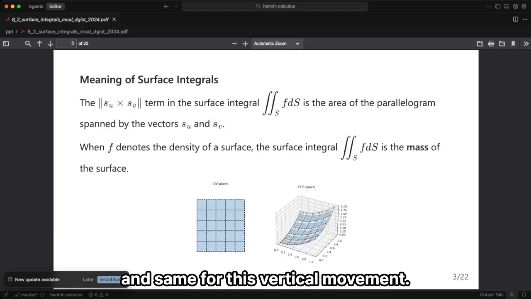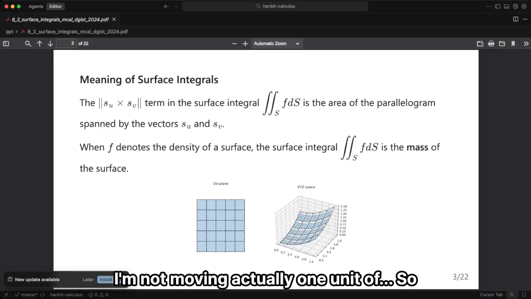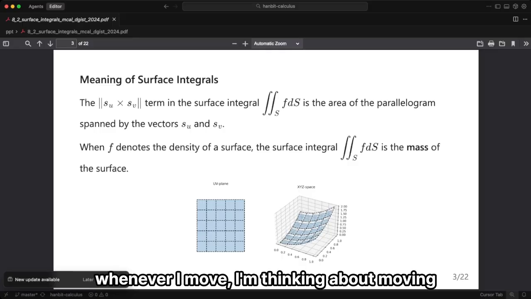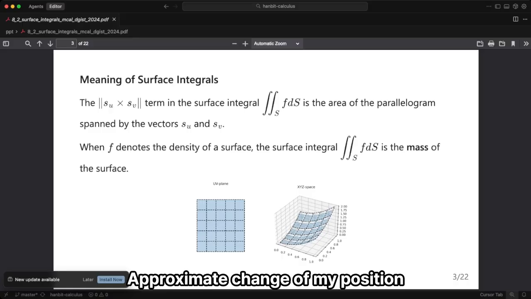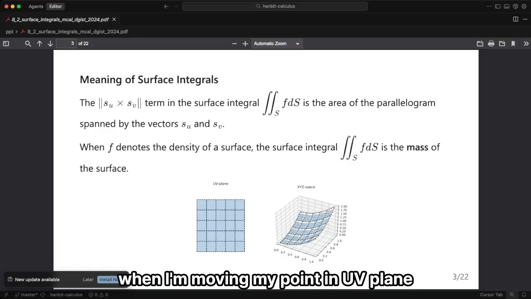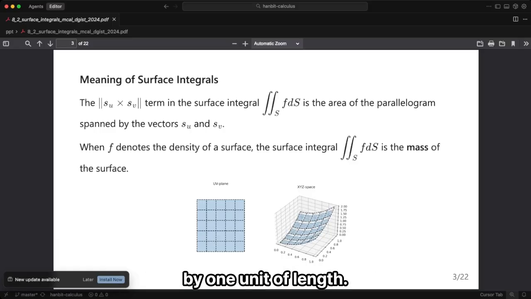movement. Now, whenever I move, I'm thinking about moving in one unit of speed, but I'm not actually moving one unit of length, right? So I want to move just a small bit to the right and a small bit to the top. Okay, so my SU, SV is the approximate change of my position when I'm moving my point in the UV plane by one unit of length.